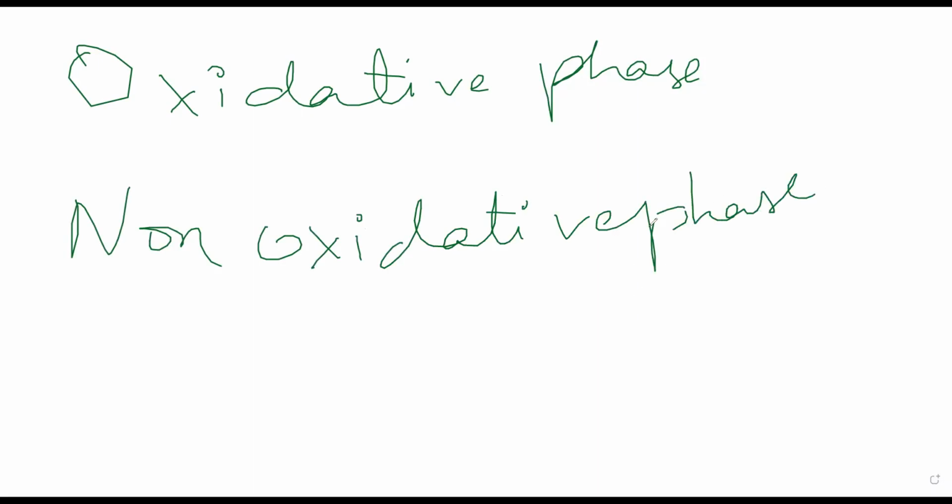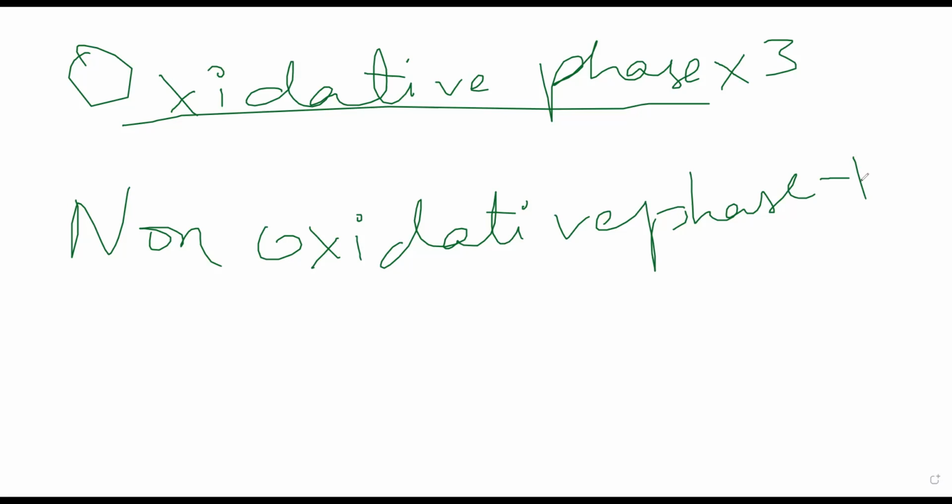Now, before I start the reactions, one thing I need you to remember is that whenever a single cycle of the HMP shunt pathway occurs, you will see the oxidative phase occurring 3 times and the non-oxidative phase occurring 1 time. All of that will be included in a single HMP shunt pathway. I'll repeat once again.